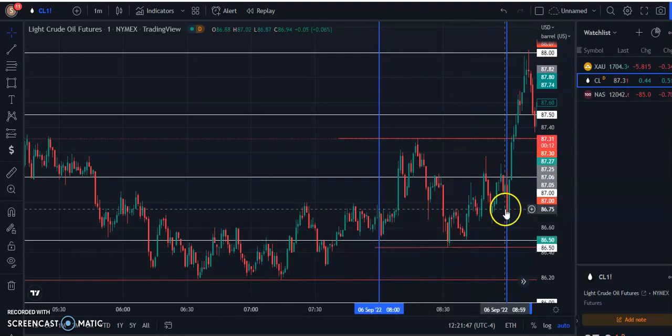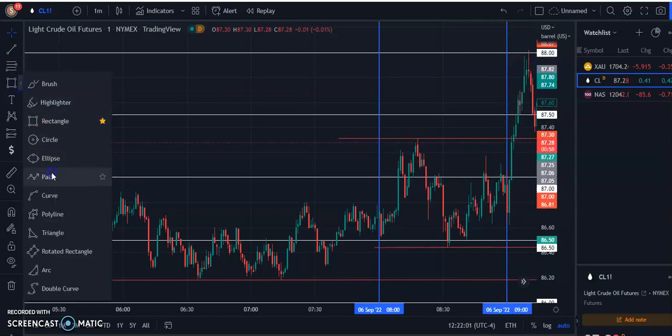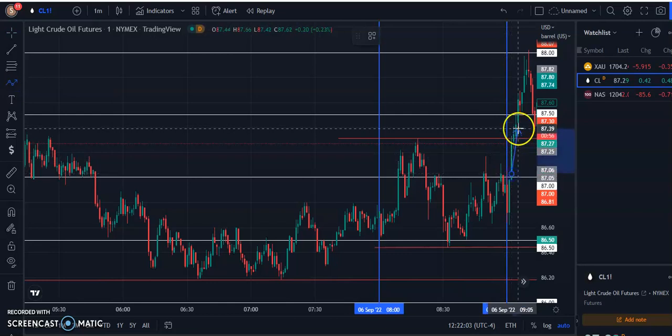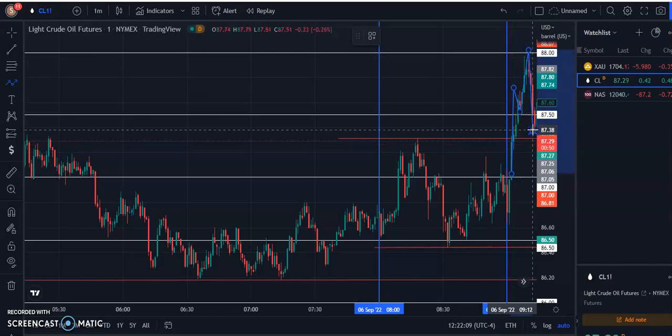Now, as you can see, the second hour we broke above the New York session high. Then we got that M pattern, and then broke structure.